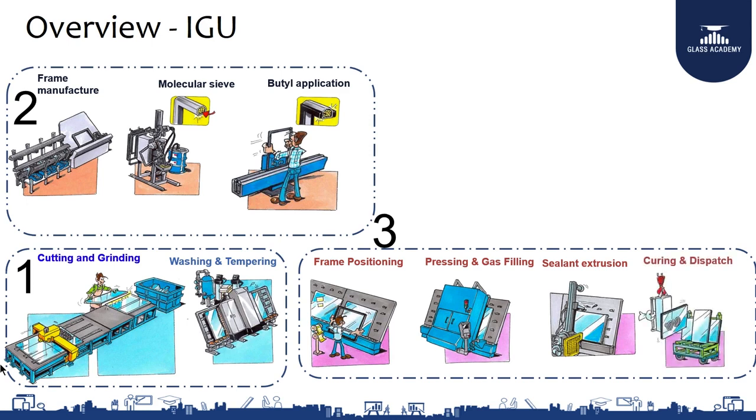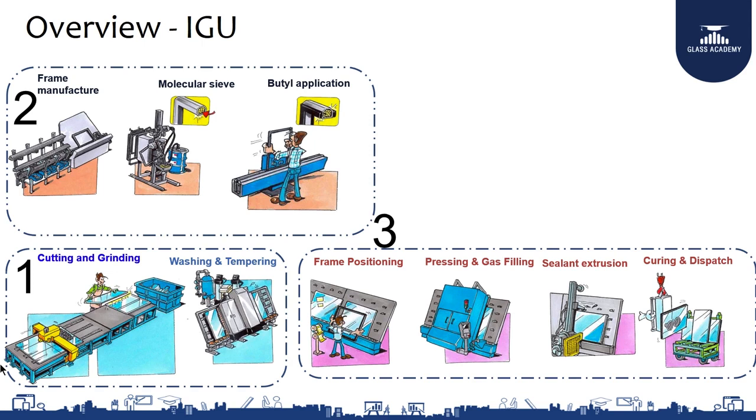The main function of the secondary silicon: the moment you apply it, within 3 to 4 hours you can dispatch the glass, because the curing rate is much faster compared to the primary silicon. Primary silicon will take more than 36 or 48 hours to cure completely, whereas secondary silicon has an immediate effect.